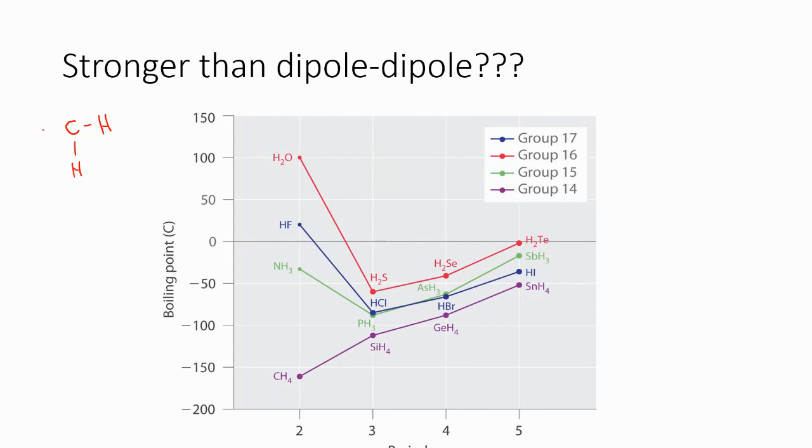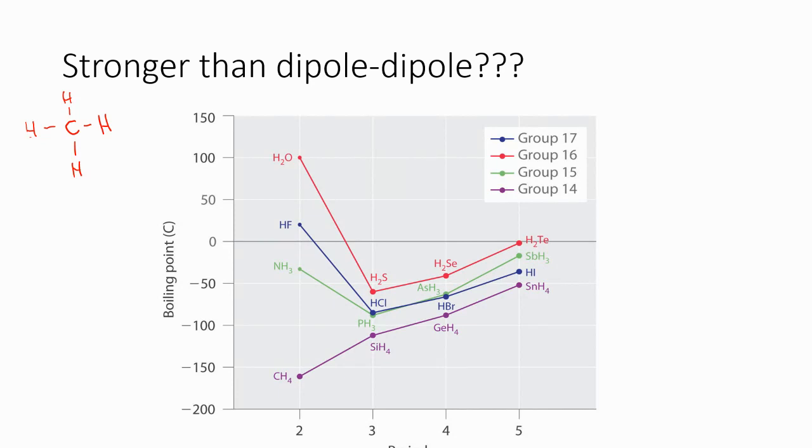It's a molecule that has tetrahedral geometry, and because it's tetrahedral, it is very symmetrical and therefore nonpolar. That means CH4 only has London dispersion forces, and London dispersion forces are pretty easy to break, which makes having a low boiling point make sense.